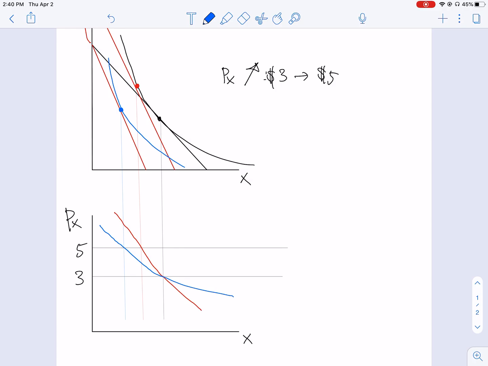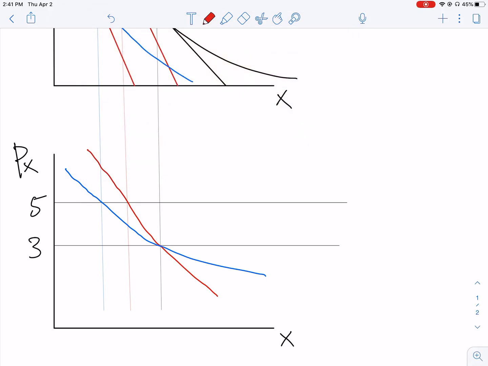Red is only a hypothetical demand curve. But this can be useful in the sense that when we ignore the income effect, sometimes this red demand curve delivers more information about economic agents' behavior.